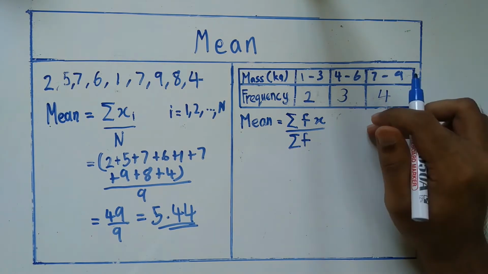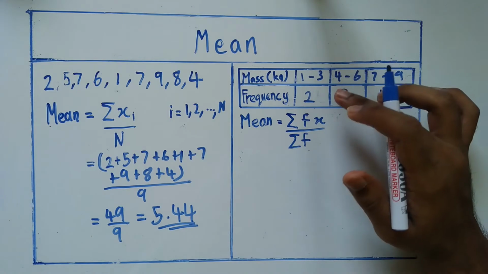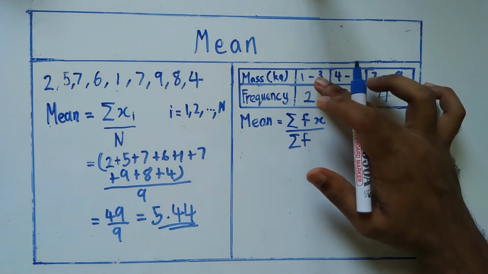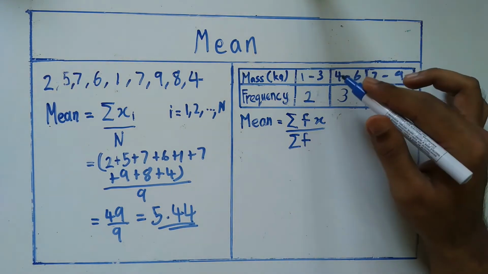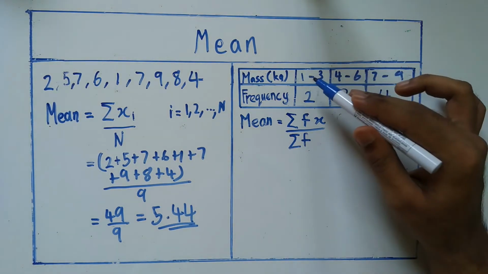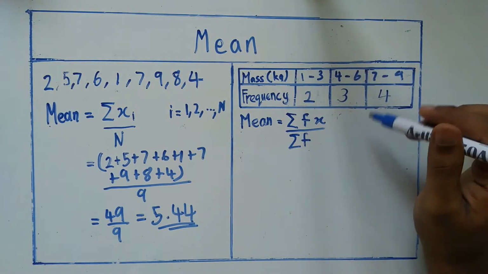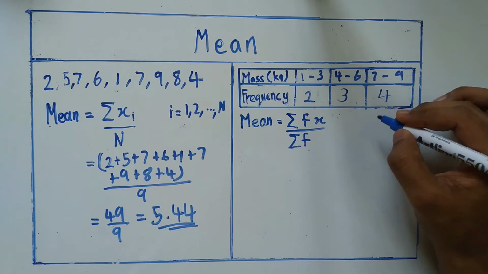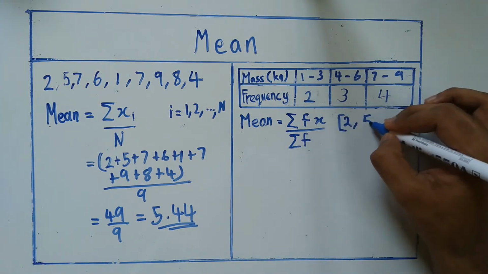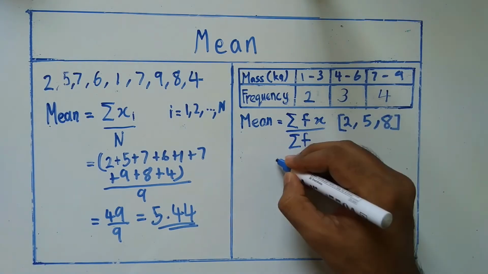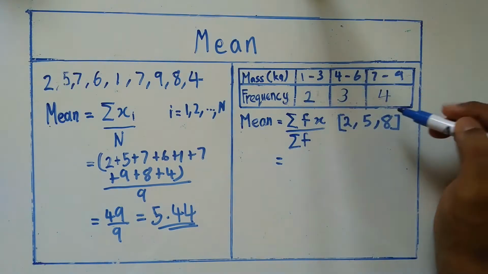In the grouped dataset, to calculate the mean, we need to get the frequency and the midpoint. To obtain the midpoint, we will get the lower limit and upper limit, add them together and divide it by 2. The midpoints are as follows: 2, 5, and 8. We will get the frequency and multiply it with the midpoint.